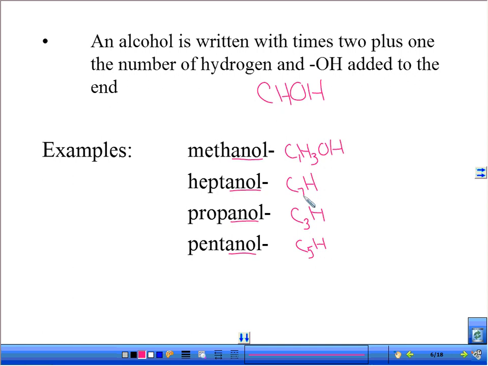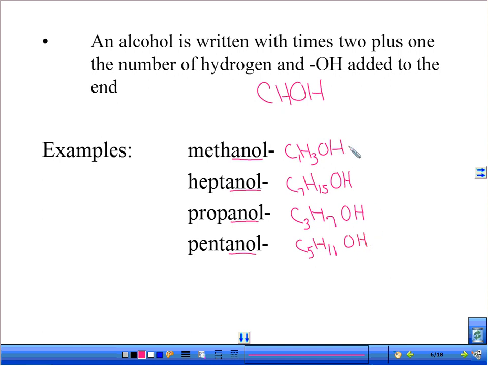So this would be 7 times 2, which is 14, plus 1 would be 15, then add an OH. This would be 3 times 2, which is 6, add 1, which is 7, then add an OH. This would be 5 times 2, which would be 10, add 1, which makes 11, and then add OH.